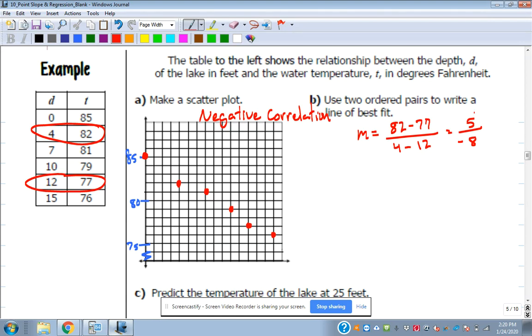All right, so I'm going to go with point slope form here. y minus 82 equals negative 5 over 8, x minus 4. I'm just doing point slope form like we did yesterday, and I'm going to finish with slope intercept form. All right, and then work that out.